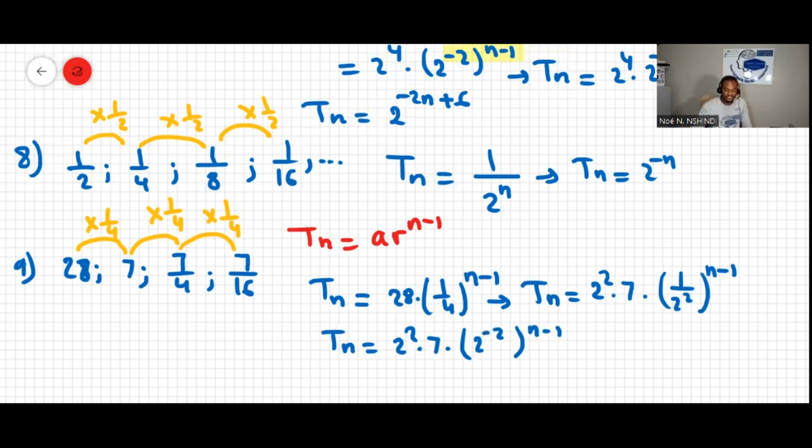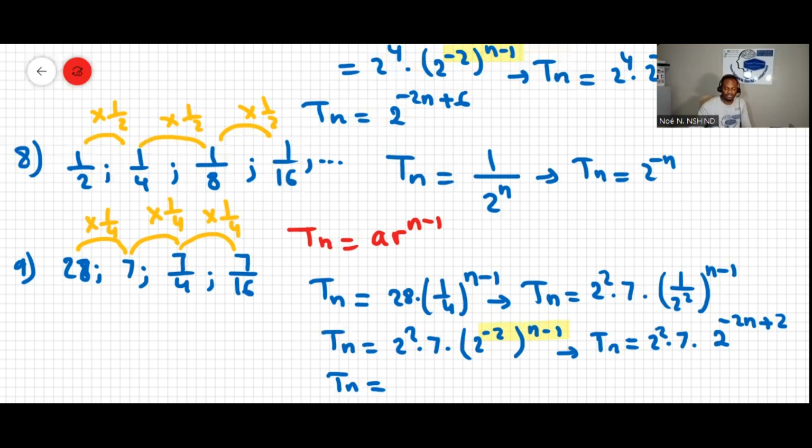Now, if we times the exponents here, we get Tn equal to 2 squared times 7 times 2 to the negative 2n plus 2. And then we can combine the exponent there with the 2.